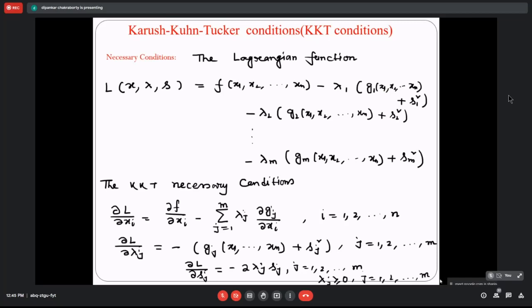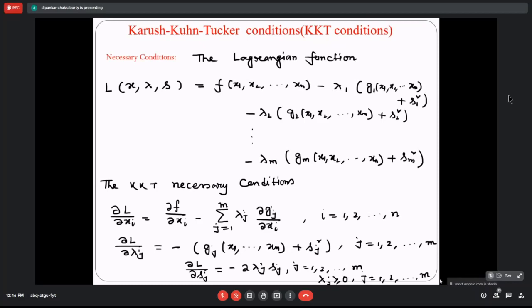But why it is restricted here? Anyone, please? No one? Because if lambda j is negative, it will become positive.